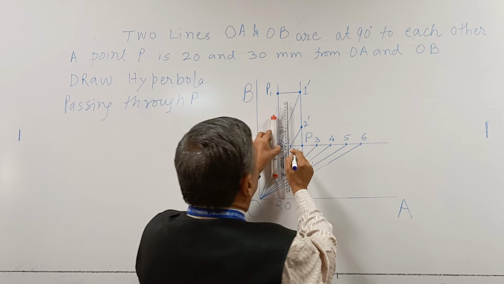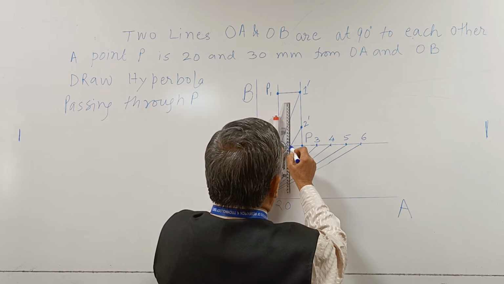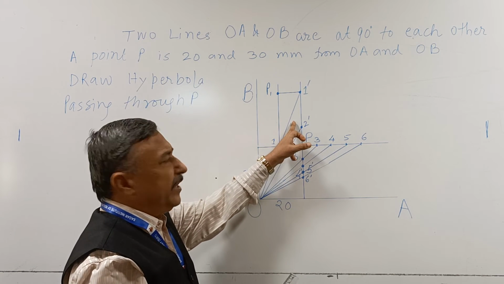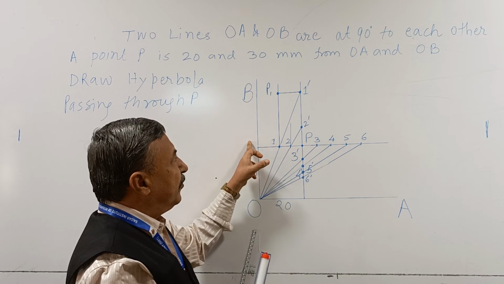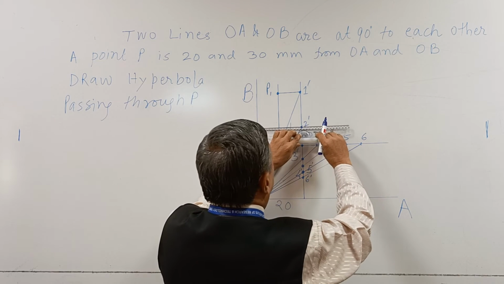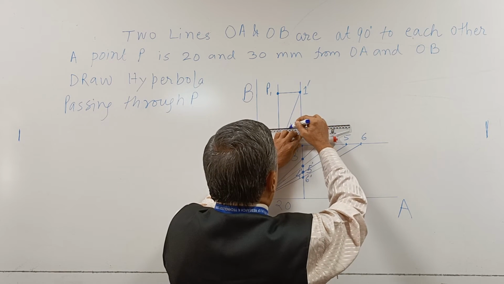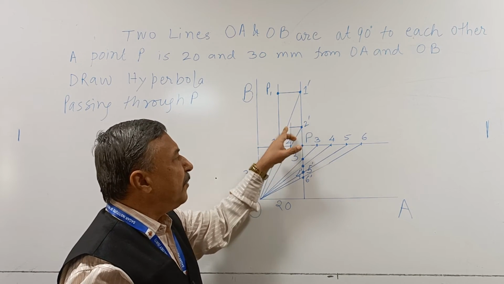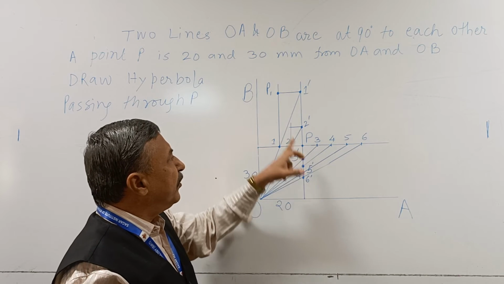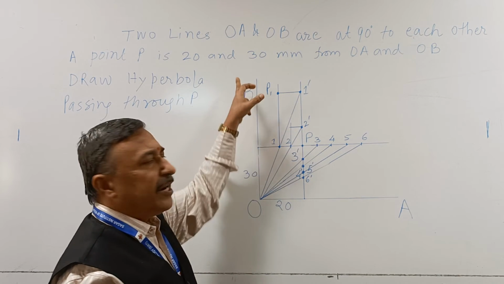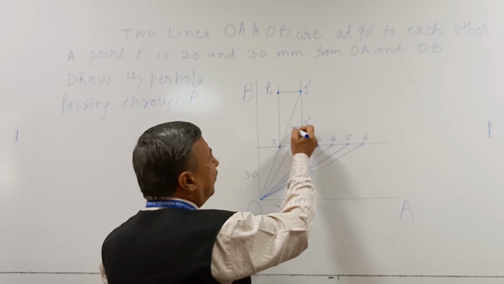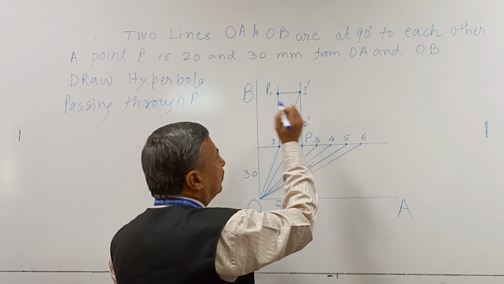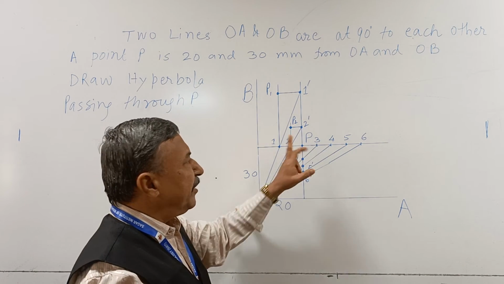Next, from 2 dash draw a line parallel to OA and from 2 a line parallel to OB. The intersection of these gives us point P2, and point P we already have.